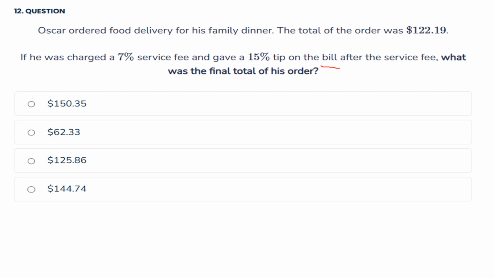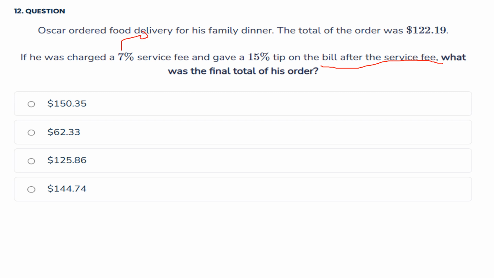So I want to hone in on this because that's going to play a big part in figuring out the final answer. The first thing I need to do is figure out how much the 7% service fee costs. So to do that, I'm going to turn 7% into a decimal.